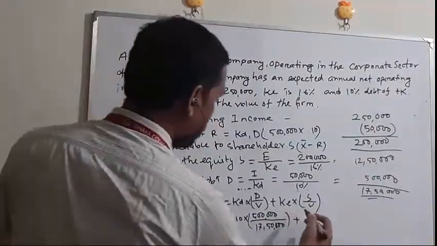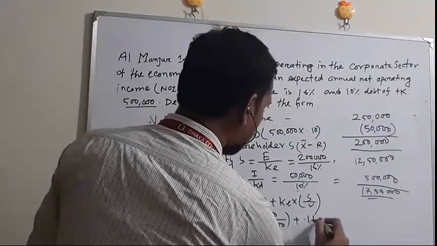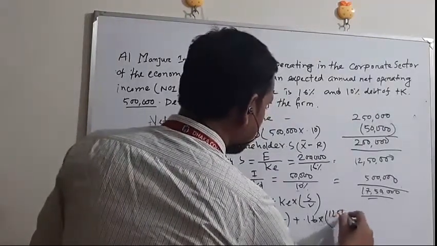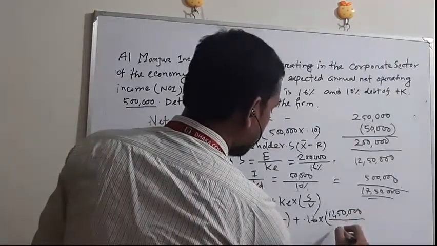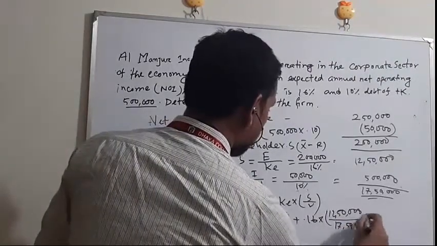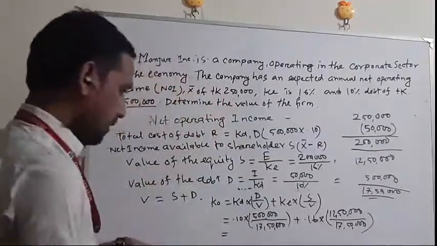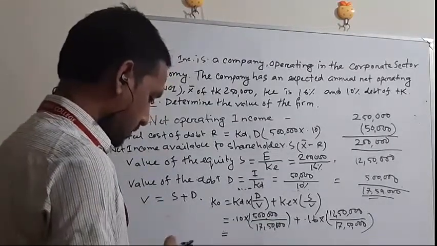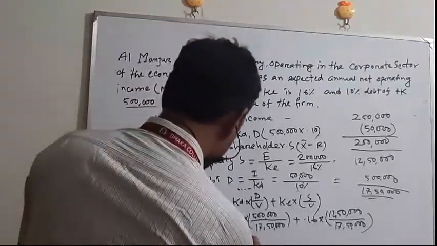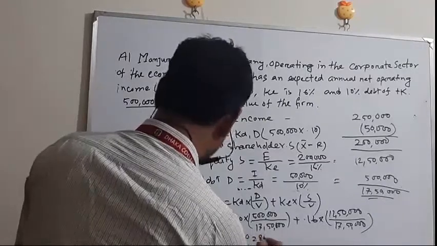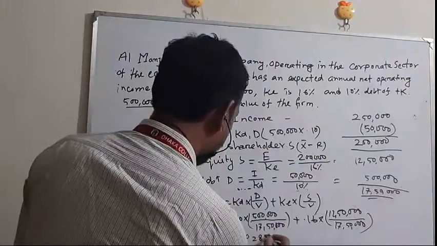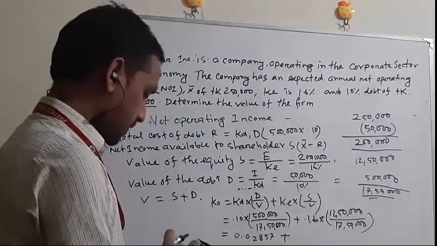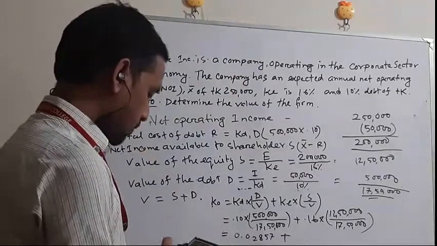Then KE is 0.16 times S, the value of the equity, 12,50,000 taka, divided by 17,50,000 taka.